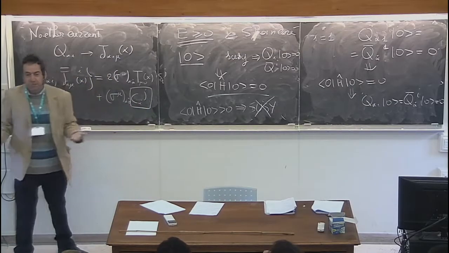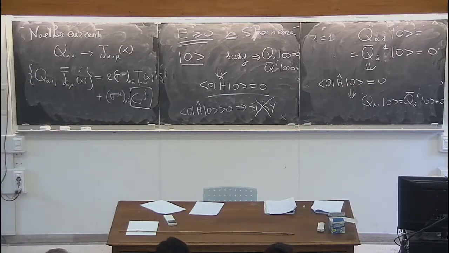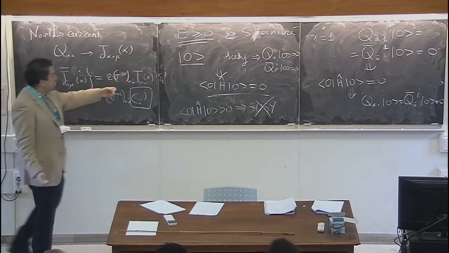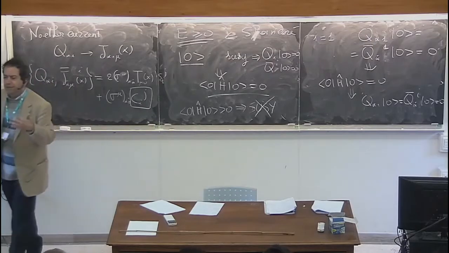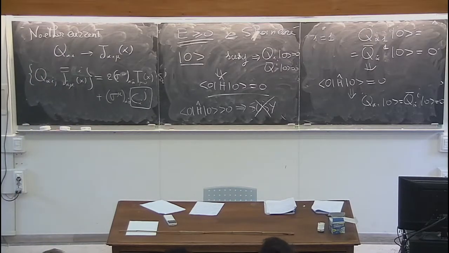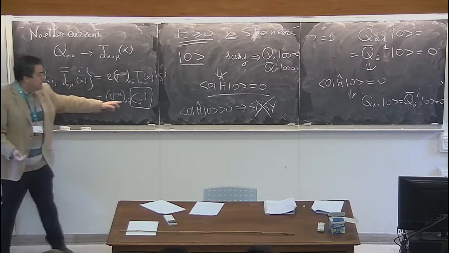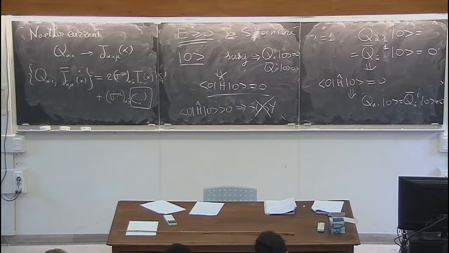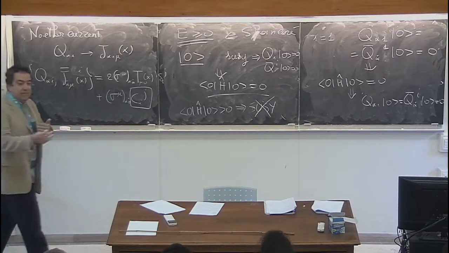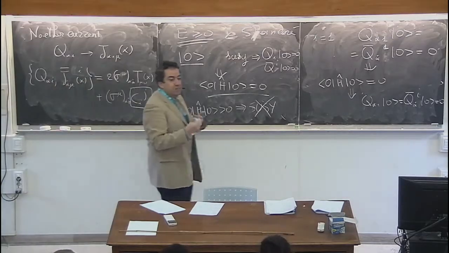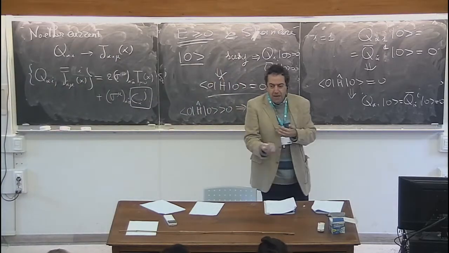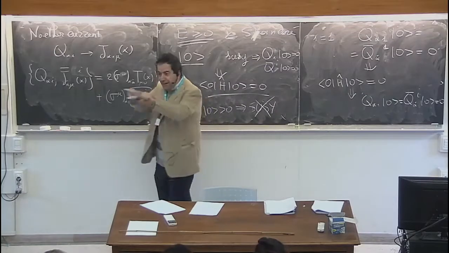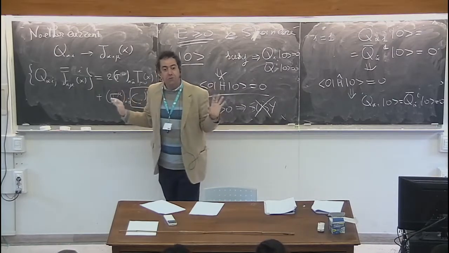This is just a number, an N by N matrix made of numbers. While T contains creation and annihilation operators because it's expressed in terms of the free fields, as also J and Q, C is just a number, but you can add it. This is the freedom you have. That amounts to shifting the energy density by a constant. But a constant which depends on the direction in the supersymmetry algebra.